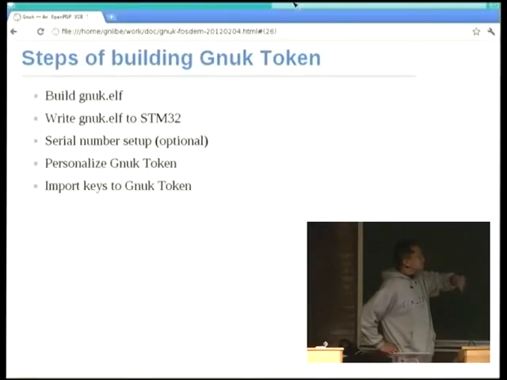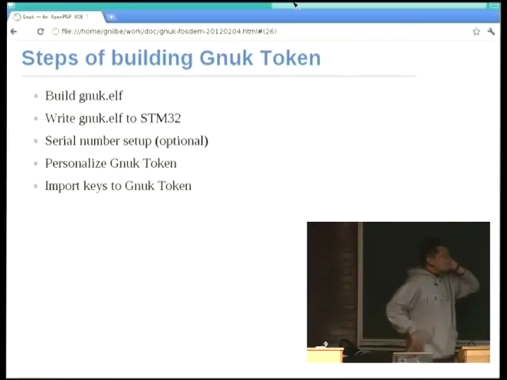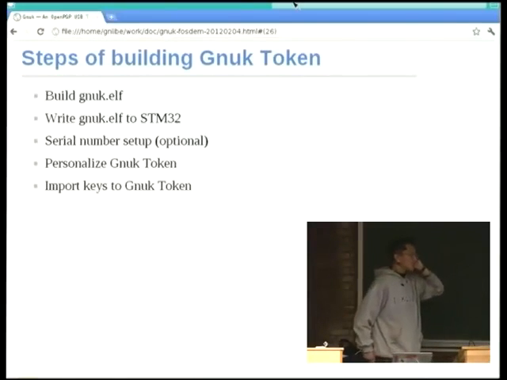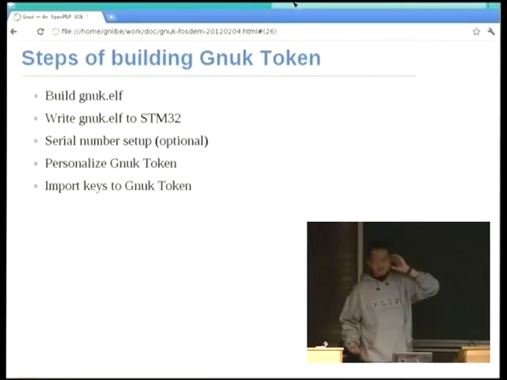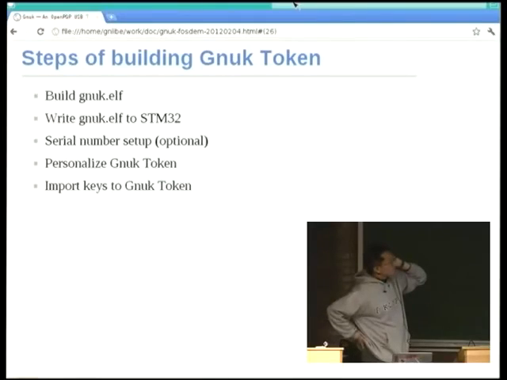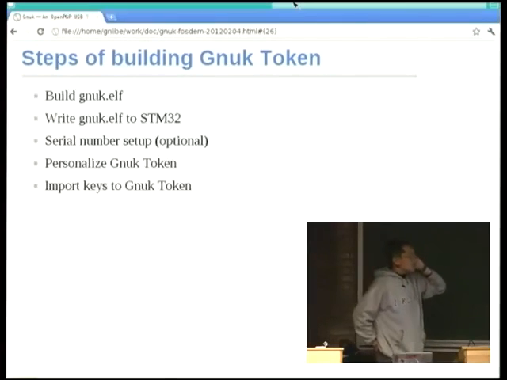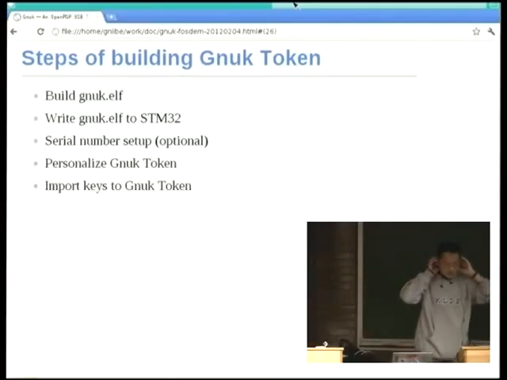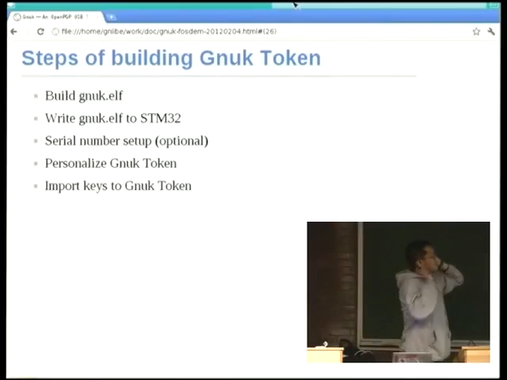And here I explain the steps for building a Gnuk token. Get the source code from gnibe.org and prepare the GNU toolchain for ARM, I mean the cross development environment. Then you can build gnuk.elf and write gnuk.elf to the STM32 using OpenOCD. And this is an optional step: you can configure the Gnuk token with your specified serial number.